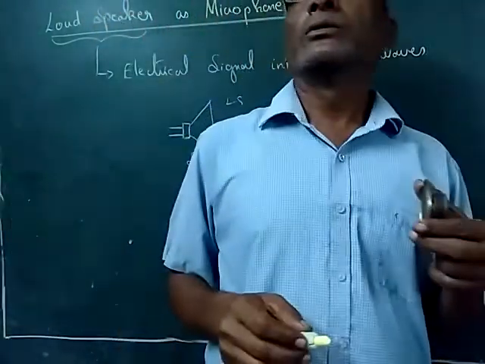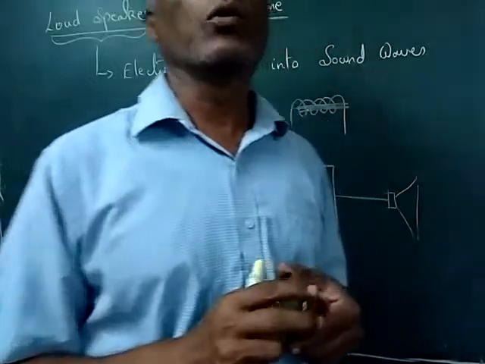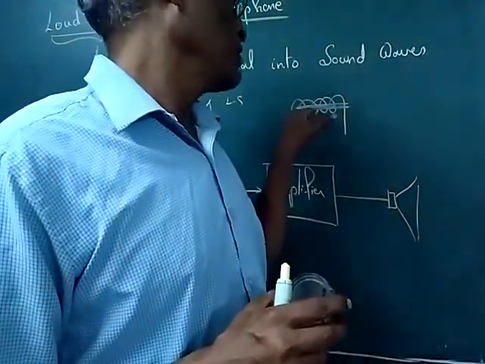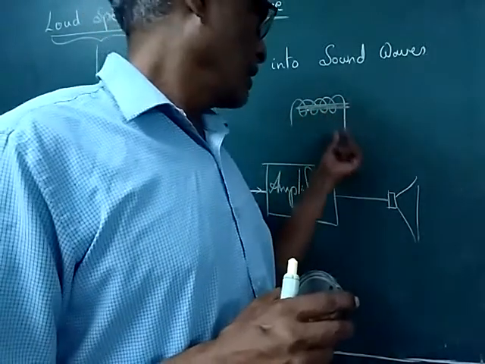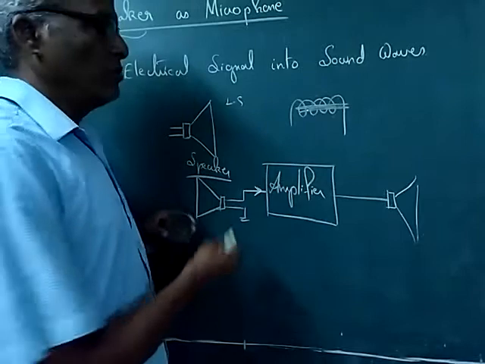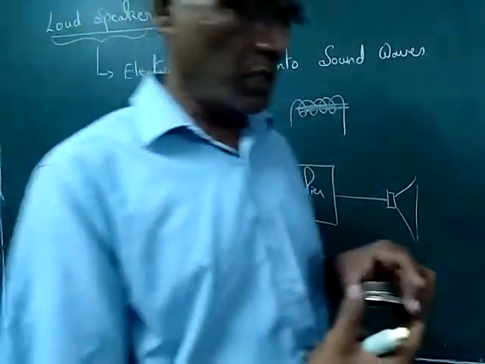So there is a magnetic field. Therefore a voltage is induced in the coil as it oscillates. That voltage is given here to the amplifier. It will be a very weak signal that gets amplified, and finally it goes to the speaker.